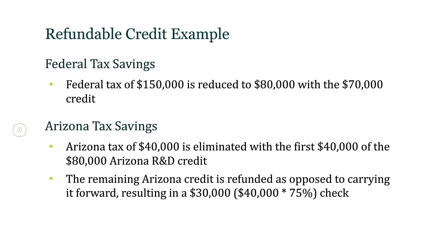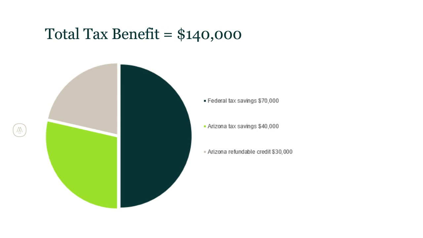So this summarizes that you'd ultimately be getting a $140,000 benefit in this case. $70,000 of that would be in the form of federal tax savings, taxes that you didn't have to pay. You'd get $40,000 in Arizona tax savings, so taxes that you didn't have to pay, and then a refundable credit of $30,000 for taxes that you never owed and never paid.